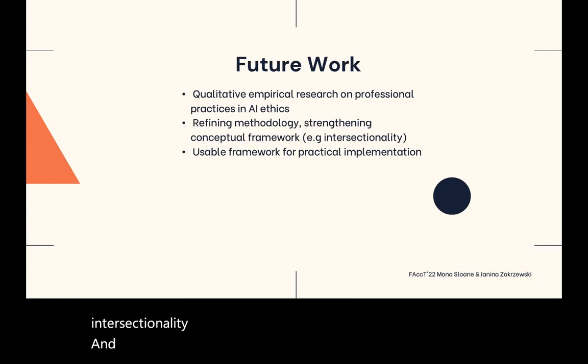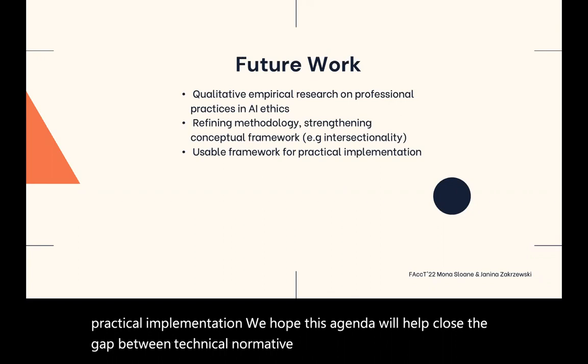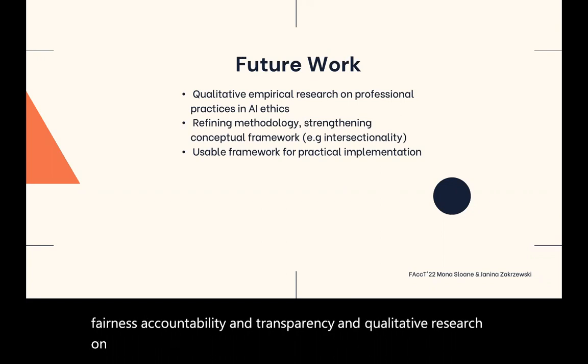And third, we suggest to test a usable framework for practical implementation. We hope this agenda will help close the gap between technical, normative, and socio-technical innovation on fairness, accountability, and transparency, and qualitative research on AI design practices and the impact of AI on social life.